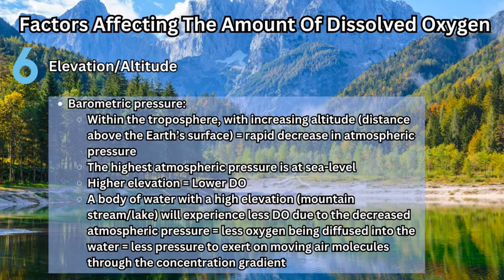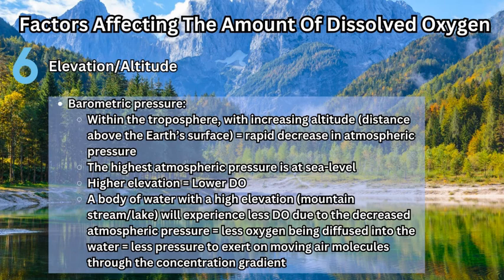So this barometric pressure, which comes from the elevation, how close you are to sea level, you will have an increase in atmospheric pressure compared to a higher elevation, perhaps on a peak of a mountain where the source of the river occurs, or a mountain lake perhaps.